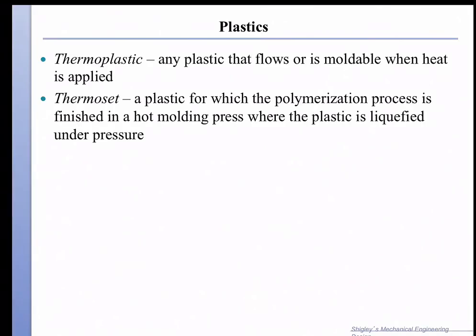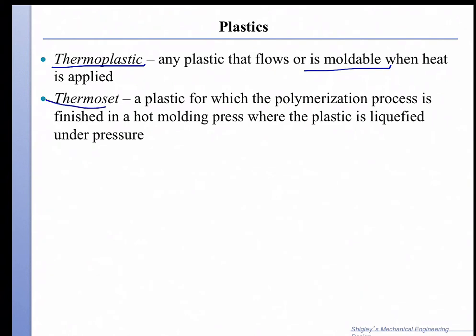Thermoplastics is a material that we can reuse many times. So it's moldable, and when you heat it up, it softens, like some of the plastics that you know, and you can remold it. That's obviously very nice for recycling and protection of the environment.